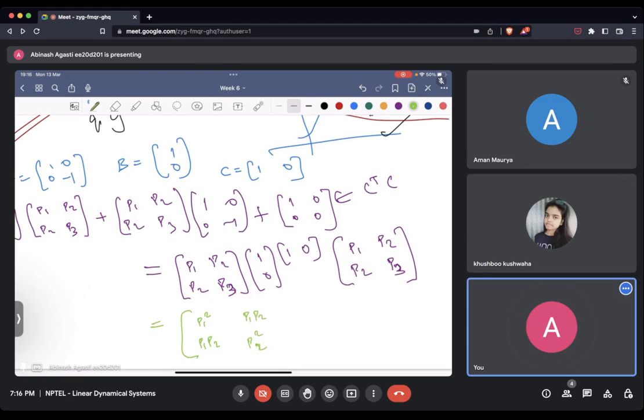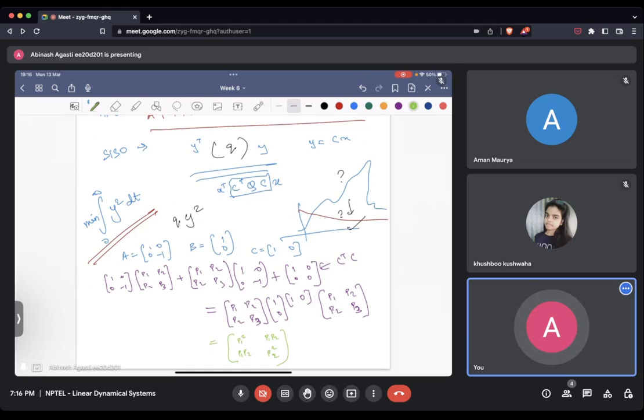Correct, so this is the right hand side. Then simplify the left hand side into one matrix.